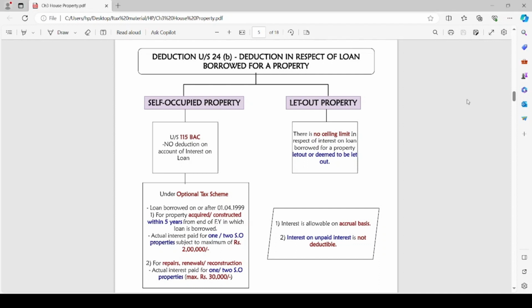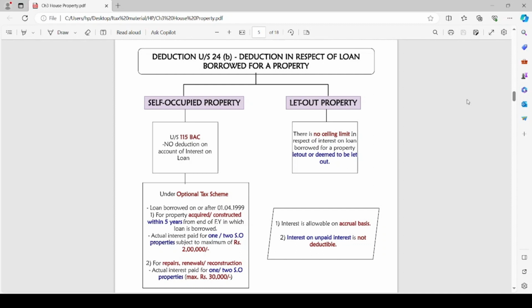Deduction in respect of loan borrowed for a self-occupied property. An assessee has borrowed a loan for a property and currently the assessee is living in such house property. He has to pay tax under section 115BAC, that is the default tax regime. Section 115BAC clearly states that no deduction can be claimed under section 24B in respect of self-occupied property.